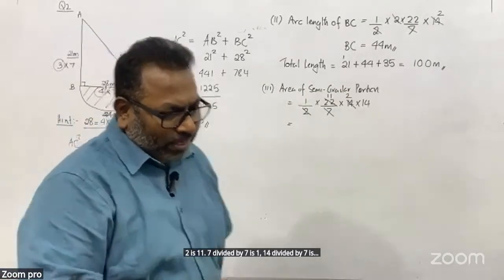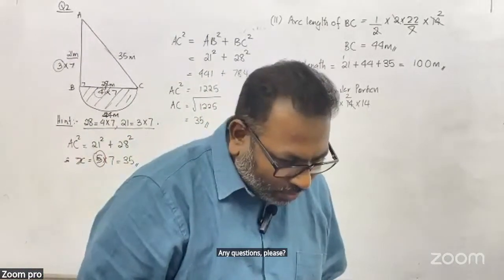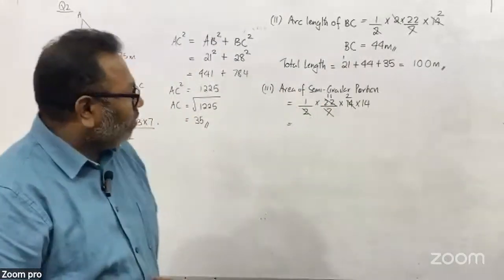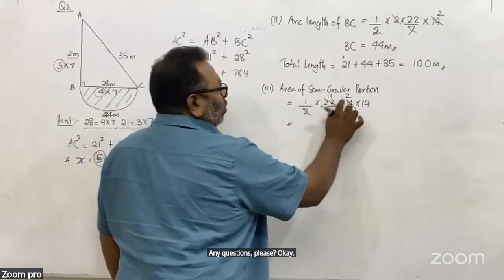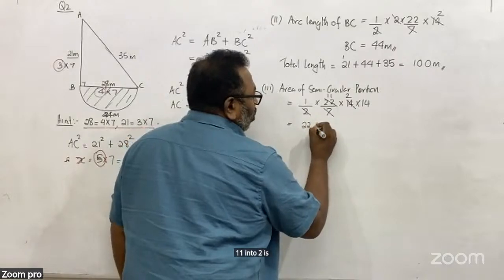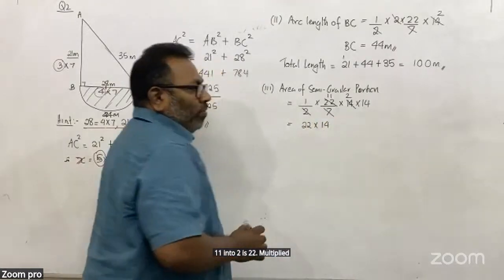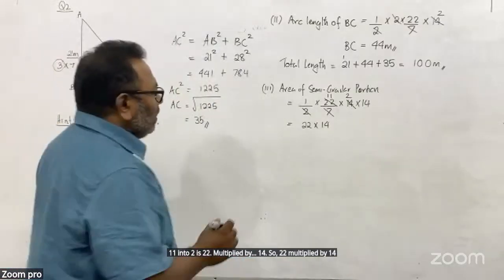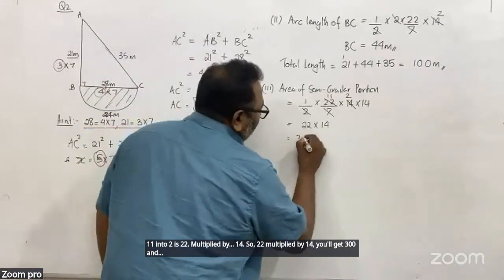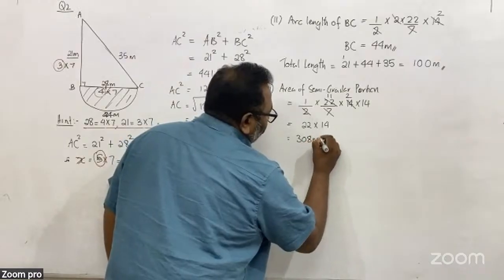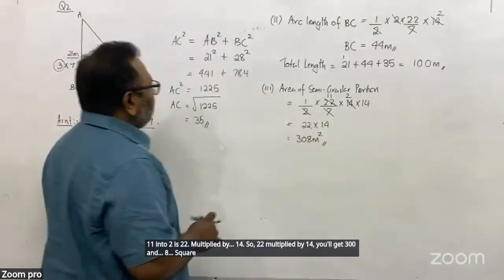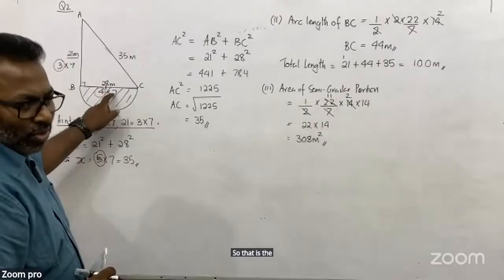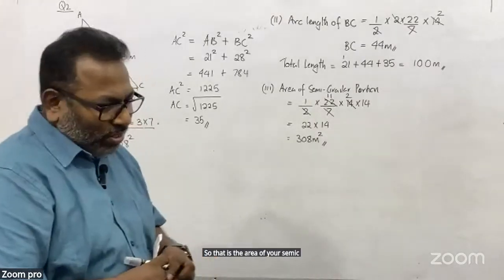Any questions, please? Okay. 11 into 2 is 22 multiplied by 14. So 22 multiplied by 14, you will get 308 square meters. So that is the area of your semicircular portion, right?